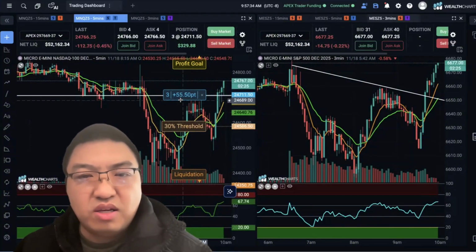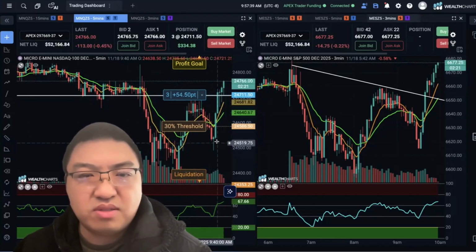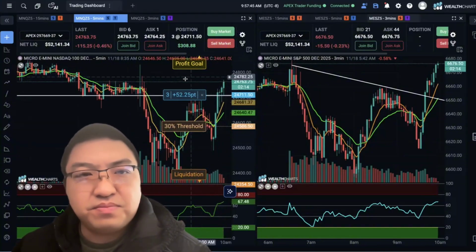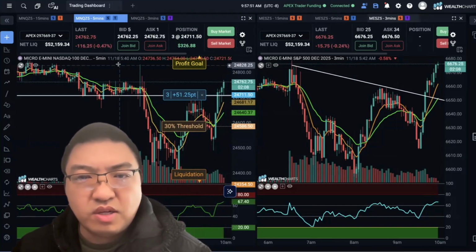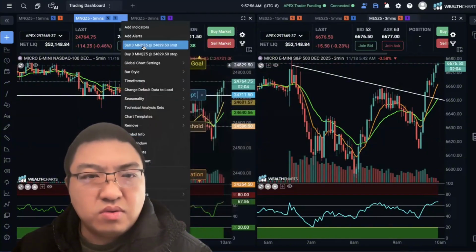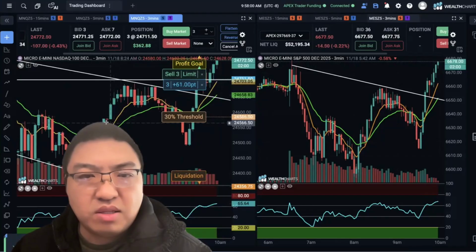So now it crossed the neckline for this double bottom setup. Cross the neckline, then yeah, that's the target here. So let's see 3 minutes.